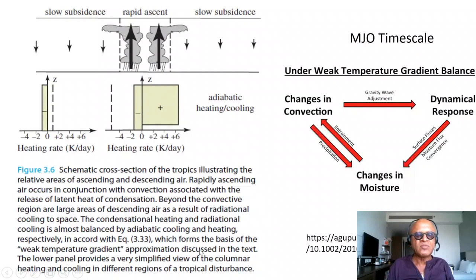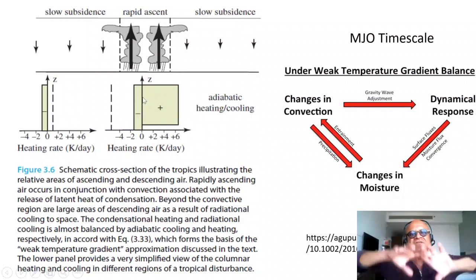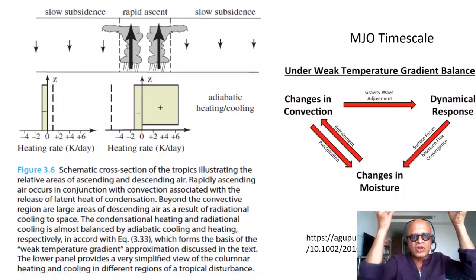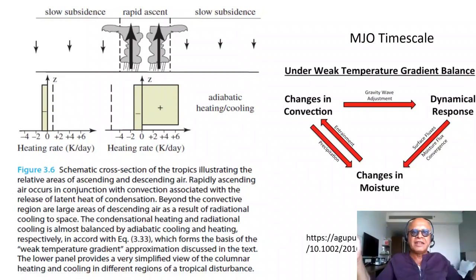So the lower panel provides a very simplified view of columnar heating and cooling in different regions of a tropical disturbance. So you can have rapid ascent and descent. When there is deep convection and rapid ascent, there is immediate descent or pulling down of the air and entrainment of momentum and colder air and so on, which go into the details of the structures of convection that we are not going to look at.